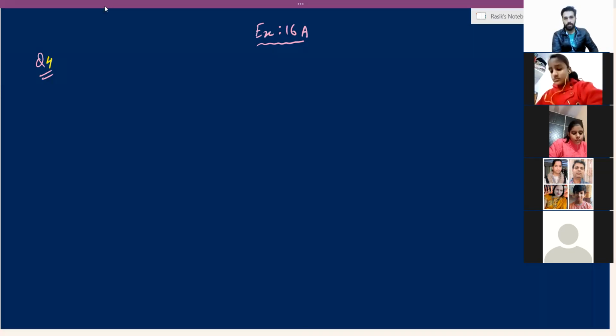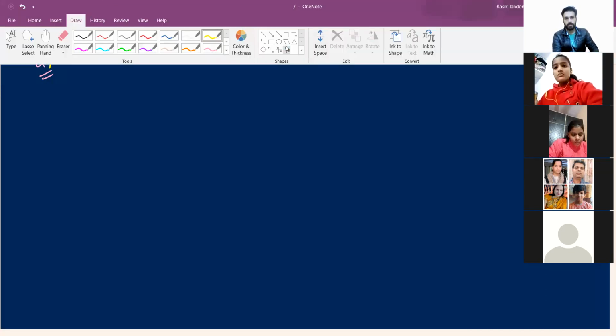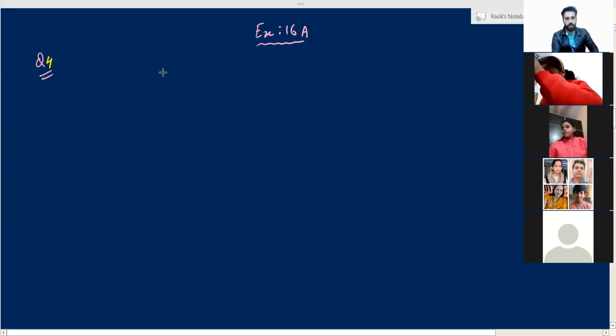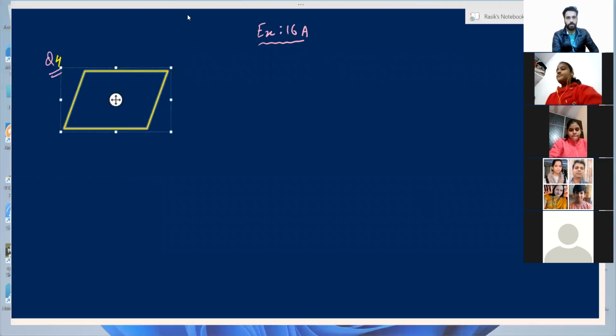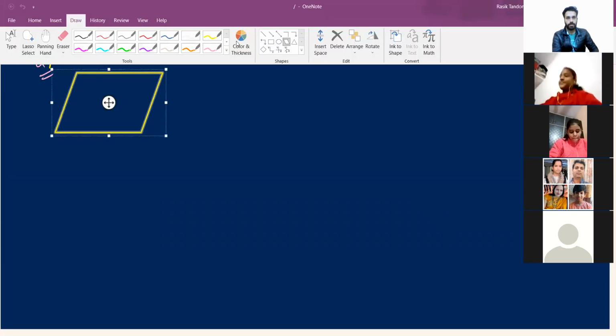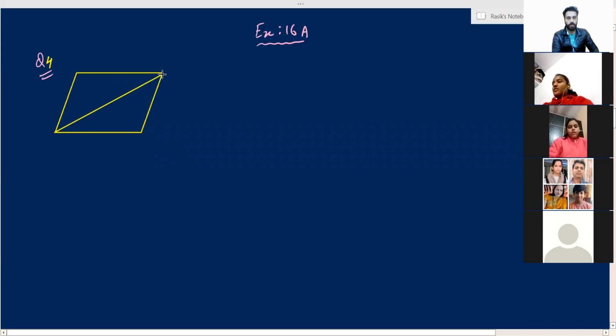The figure is again given in the book. So there is a quadrilateral ABCD in the question, and the diagonal AC of the quadrilateral is joined.